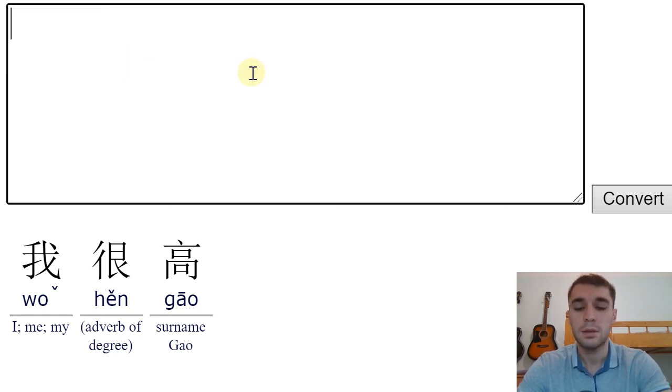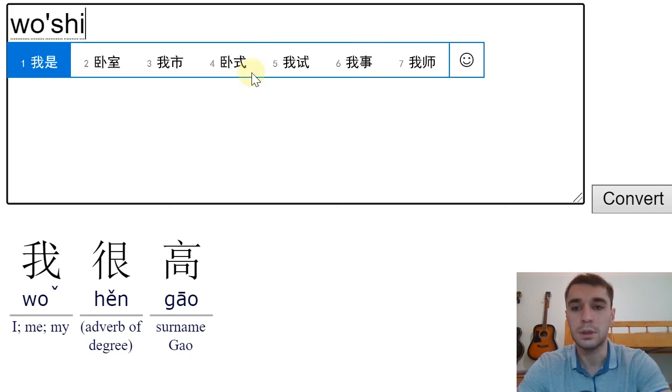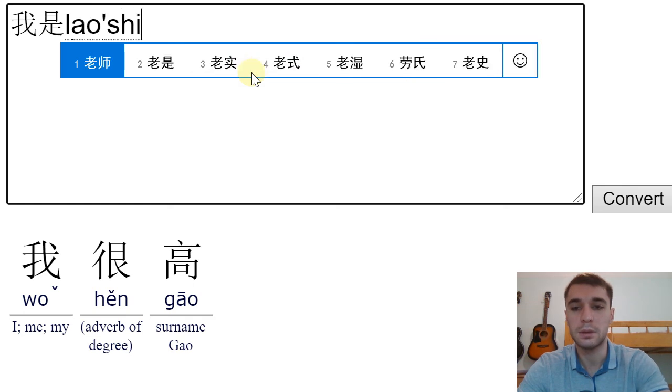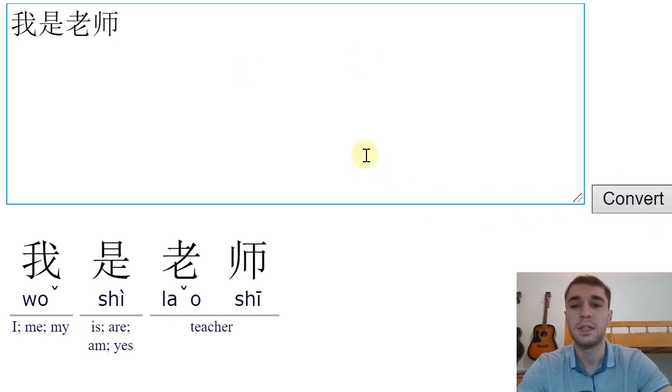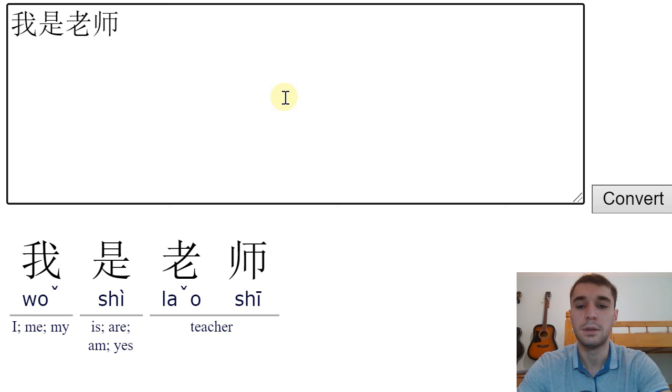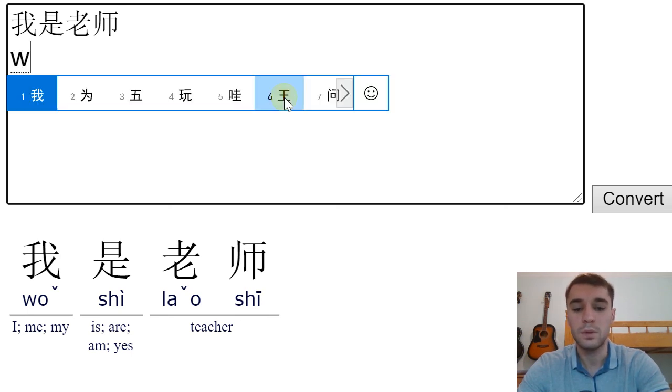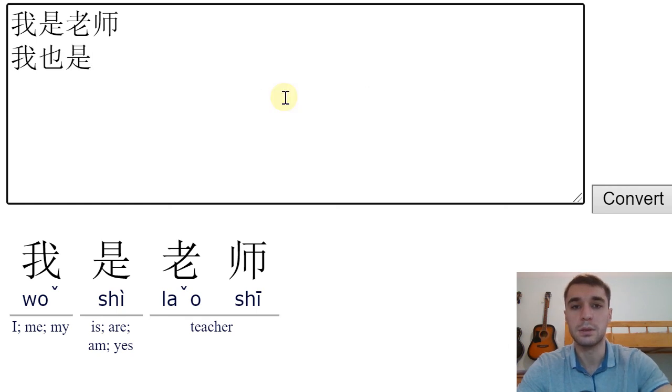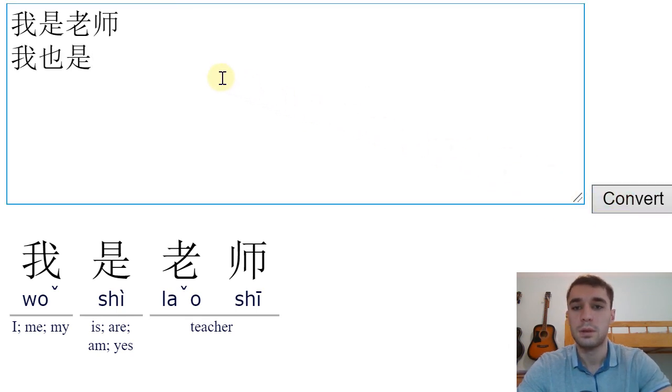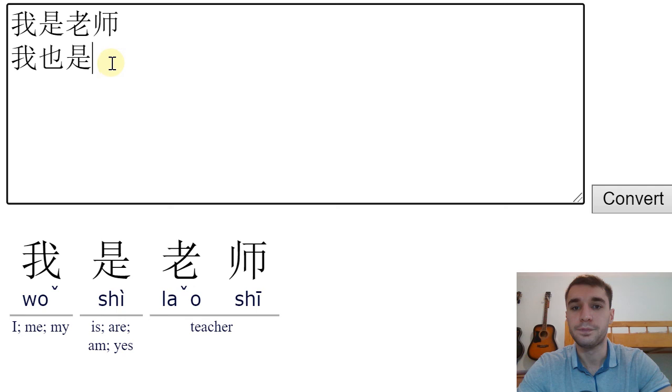Okay. Say for me, I'm a teacher. 我是老师。I'm a teacher. Now say, me too. I am too. 我也是。That's how we use it.